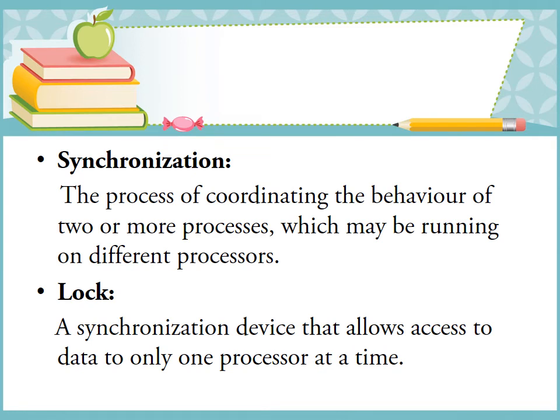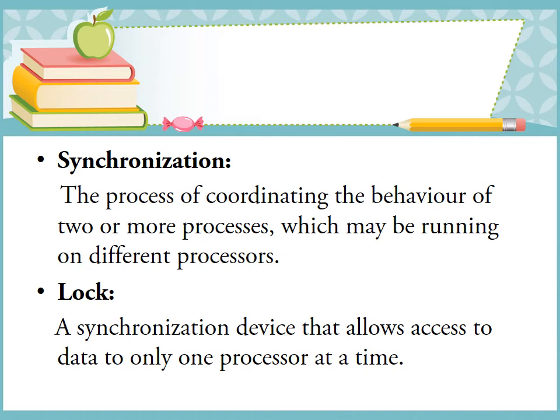Another feature is synchronization. Synchronization means coordinating the behavior of two or more processors, which may be running different processes. We have to coordinate how the two or more processes are done, and all of that is taken into consideration.